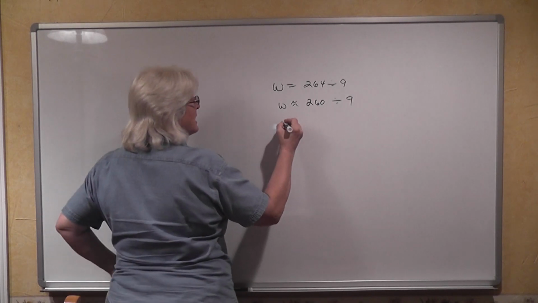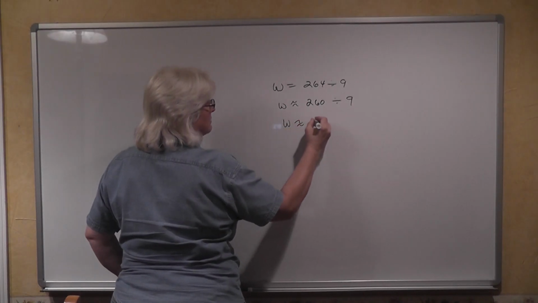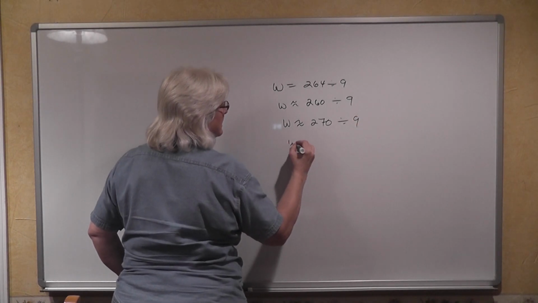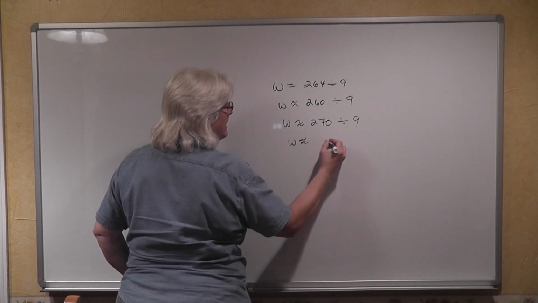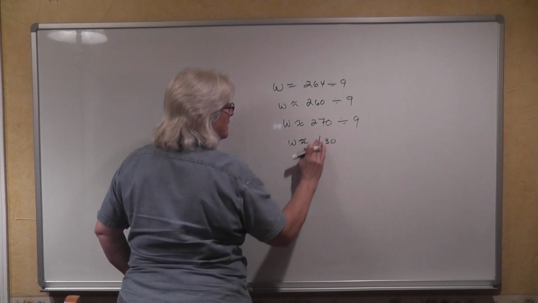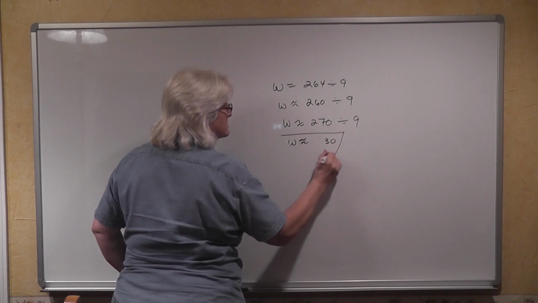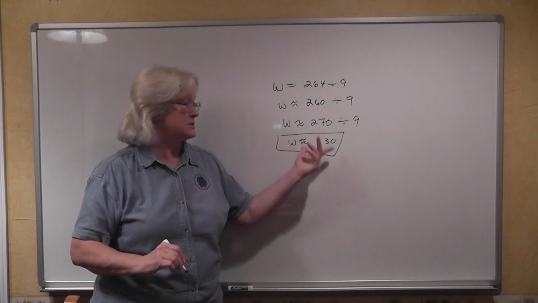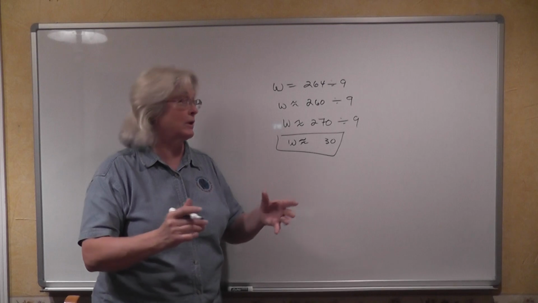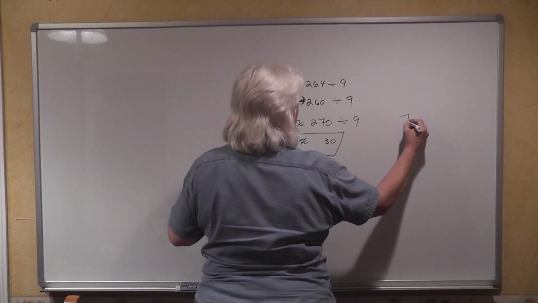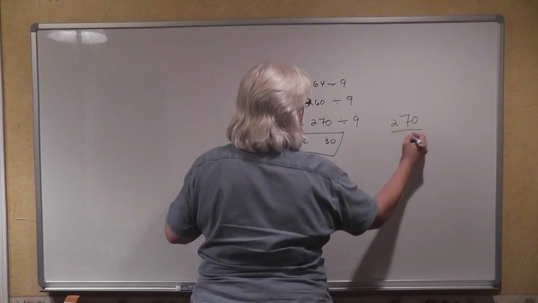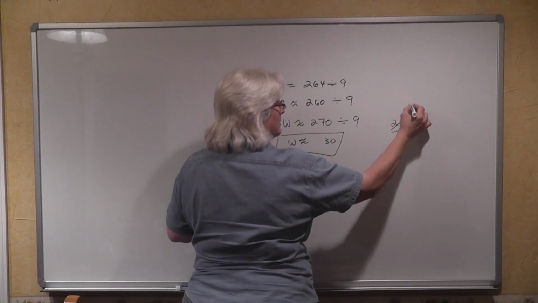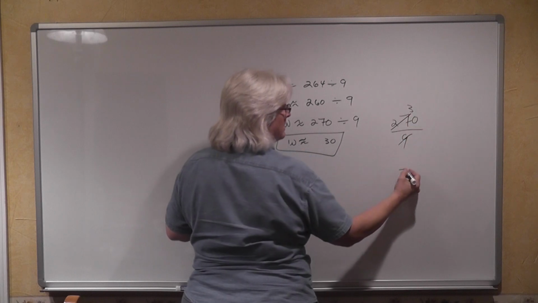So if instead of 260, we round this to 270 divided by 9, then we come up with the solution here that tells us W is approximately equal to 30. Again, do your division, turn your division problem into a rational expression. 9 goes into 27 3 times. You've got a 3 and a 0 left.